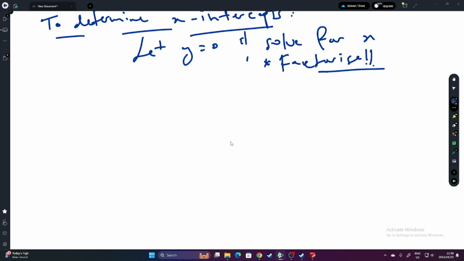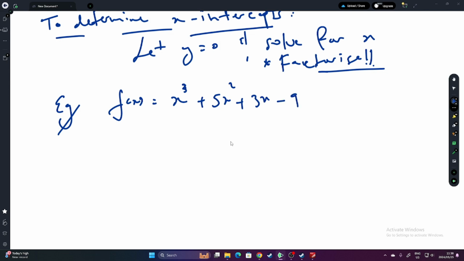So, let's say, for instance, we have the equation f of x is equal to x cubed plus 5x squared plus 3x minus 9. And we want to find, let's say question A, the x-intercepts.